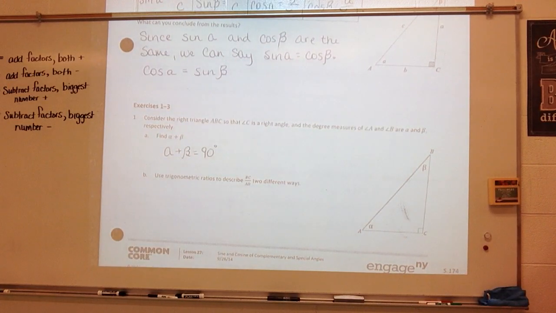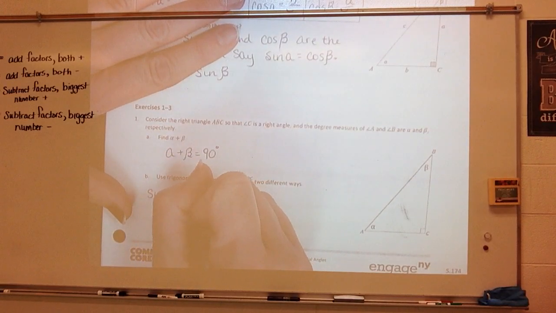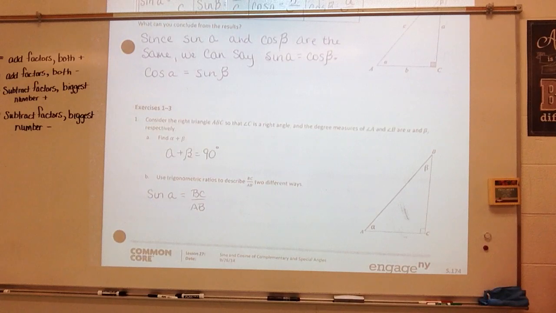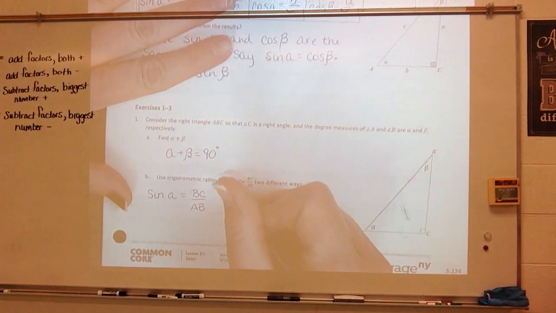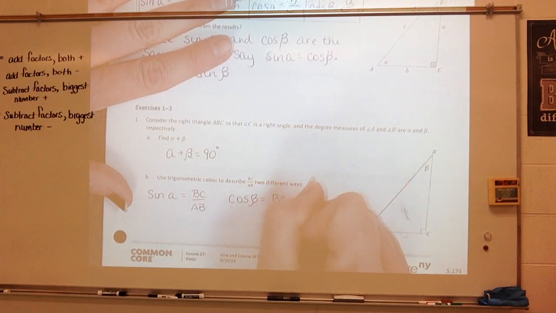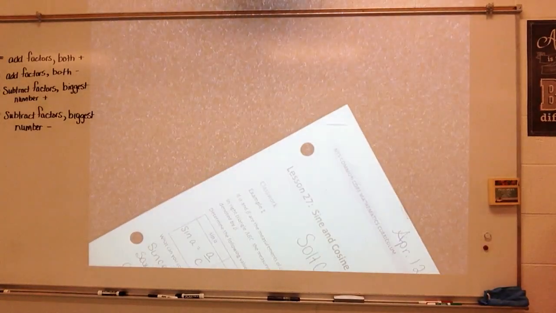So opposite over hypotenuse is sine, so we can say that's the sine of A. And we've already proven that the sine of A is the same as the cosine of angle B. So I can describe this two different ways: as the sine of A, or as the cosine of angle B.